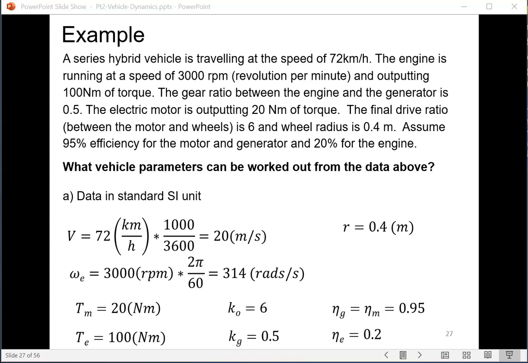But bear in mind, there are really two key elements there. One is the conversion between two sides of a gear set, where the torque is increased or the velocity is reduced.